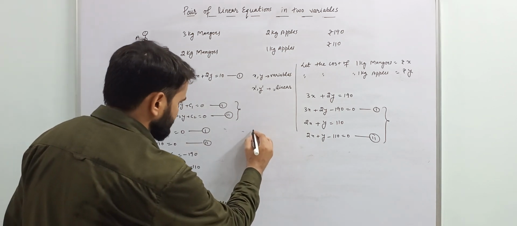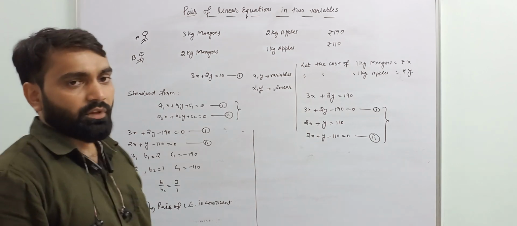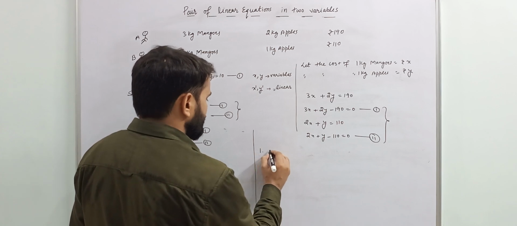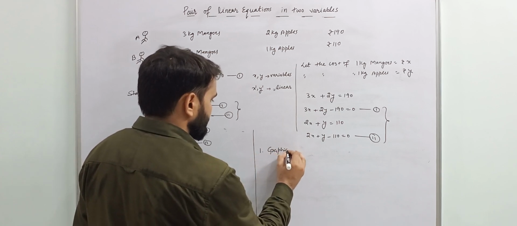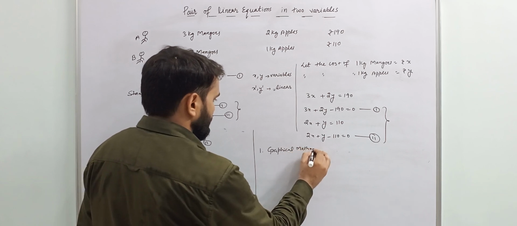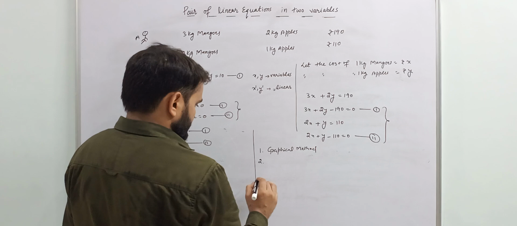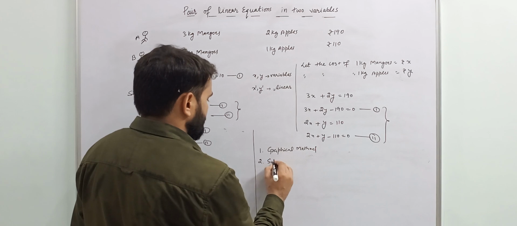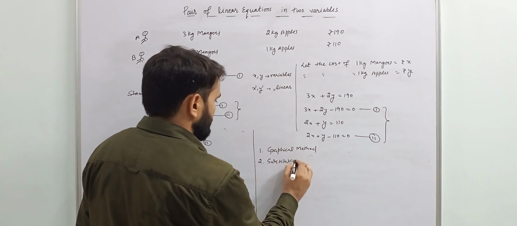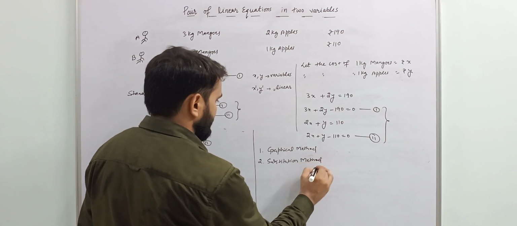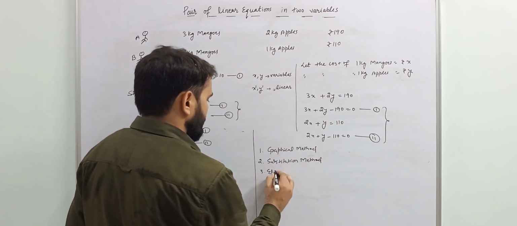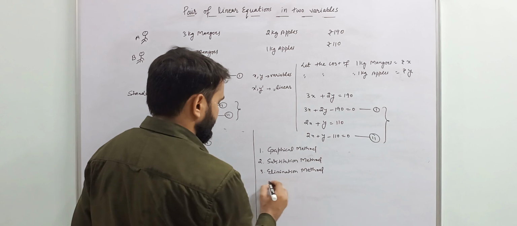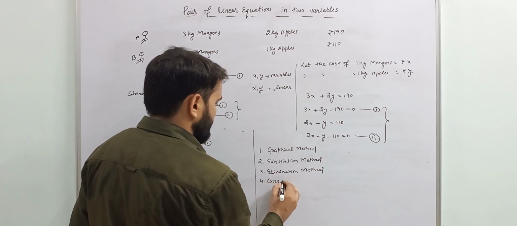Now let us try to find the solution. There are several methods to solve a pair of linear equations. The first one is the graphical method, the other one is the substitution method, the third one is the elimination method, and the fourth one is cross multiplication.